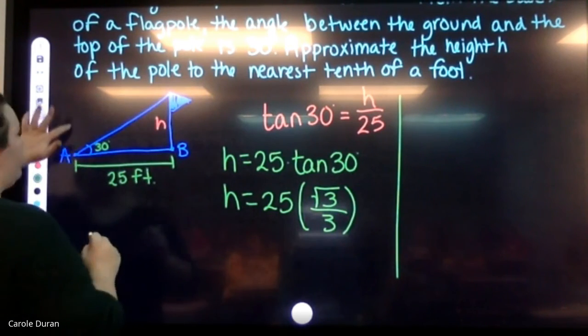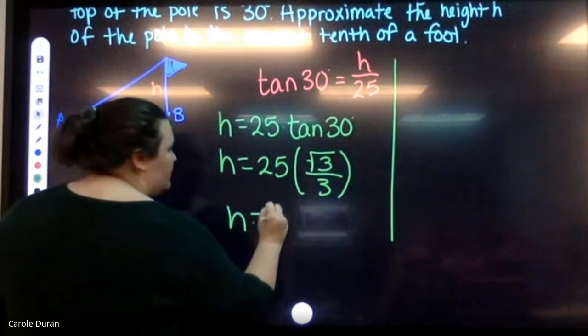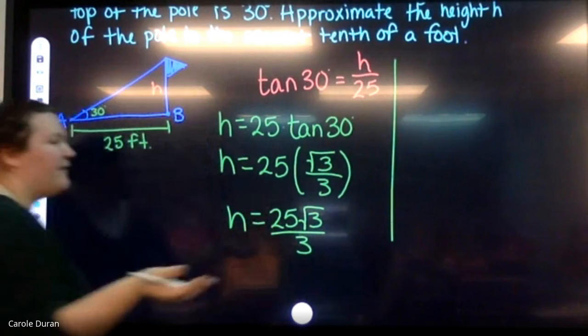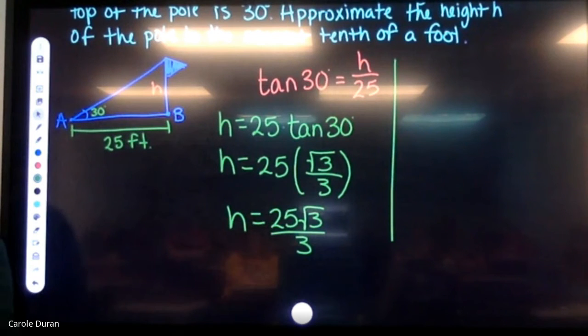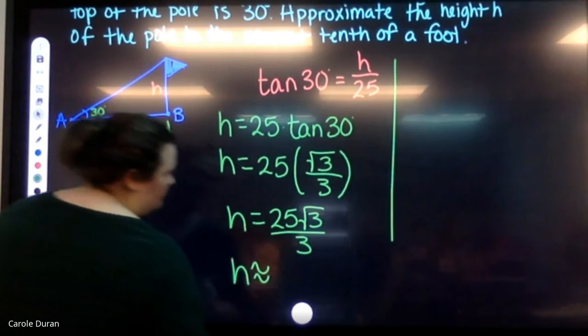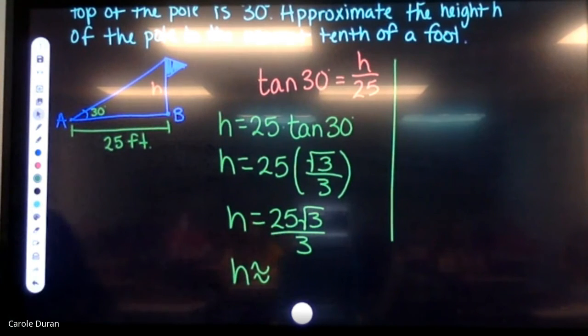If I were to simplify this, that means that h is 25 times the square root of 3 divided by 3, and I can put that into a calculator to approximate it. So find out what 25 times the square root of 3 divided by 3 is, because it wants it to the nearest tenth of a foot.